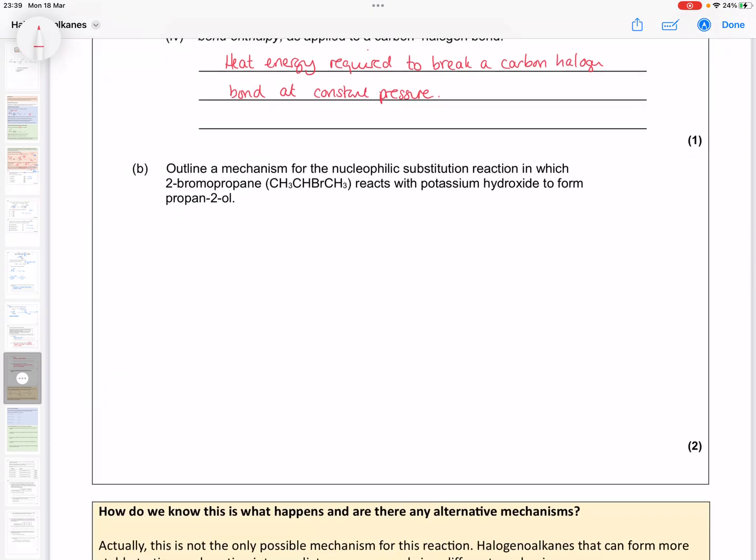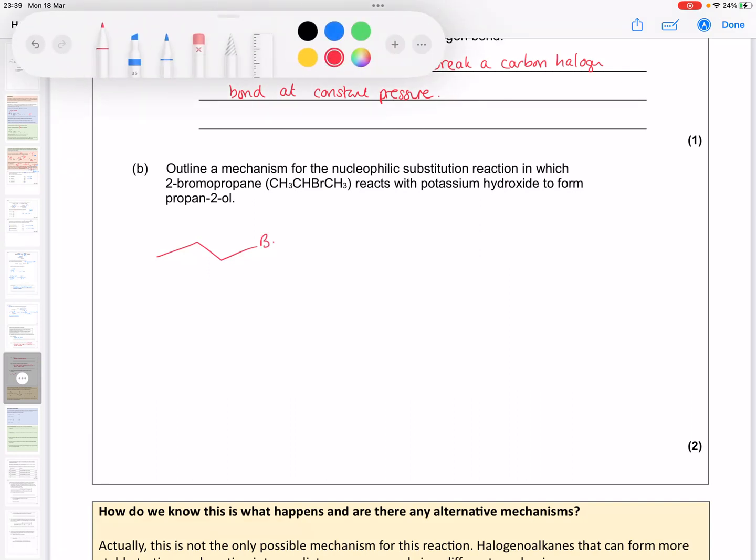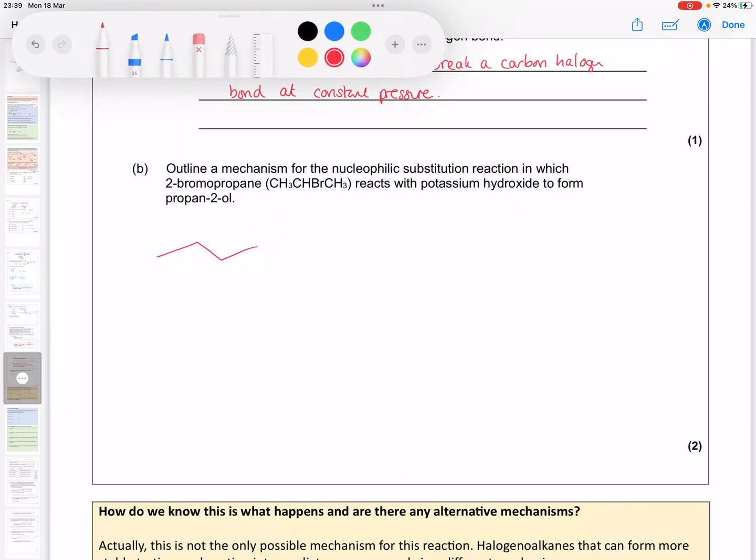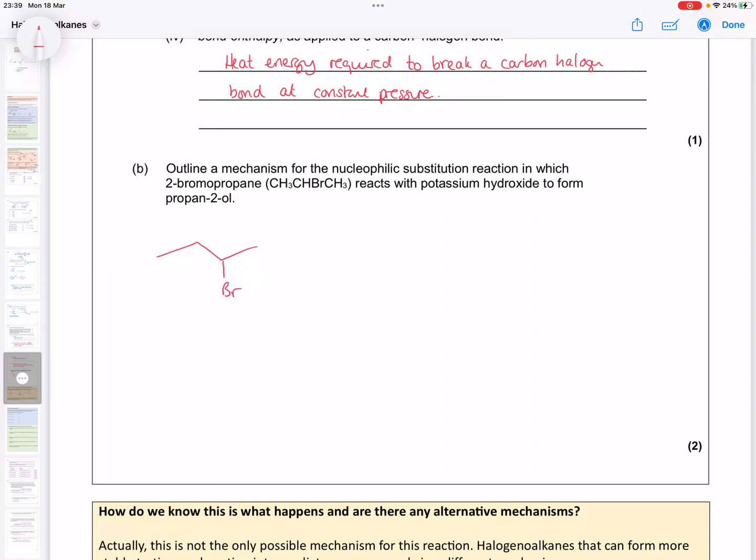Outline a mechanism for the nucleophilic substitution reaction in which 2-bromopropane reacts with potassium hydroxide to form propan-2-ol. Oh, I've added it in the wrong place, just putting it on the end. So here's our 2-bromo. I've done bromobutane.